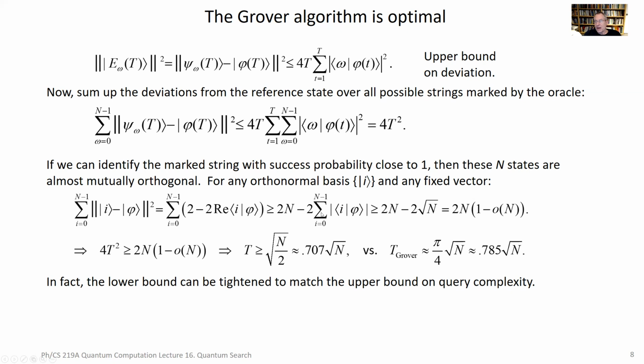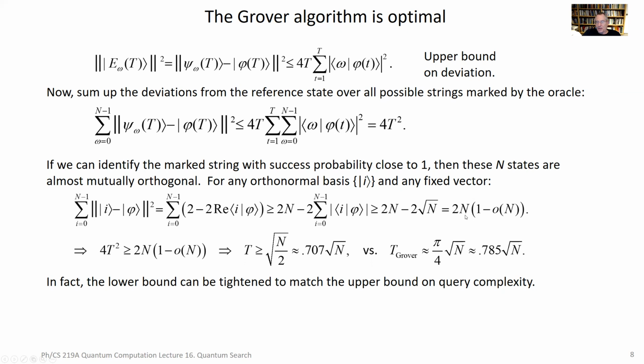But that's just the kind of sum that we bounded using Cauchy-Schwarz on the previous slide. It's bounded by the square root of the number of terms, the square root of n, if phi is a normalized vector. So what we have is that this is greater than or equal to 2n minus 2 square root of n. Now n is really, really big, so the square root of n is really small compared to n.